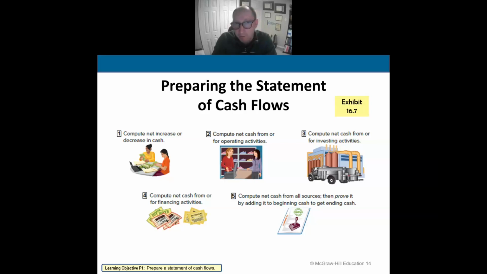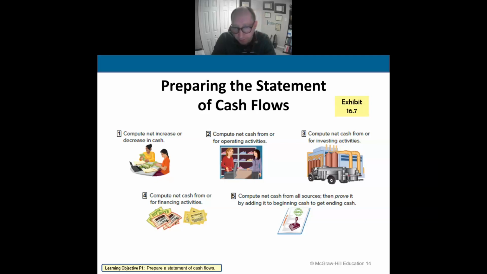Okay, to prepare the statement of cash flows, first we find the net increase or decrease in cash. Then we figure out the net cash change for operating activities. Then we do the same thing for investing activities and then financing activities.